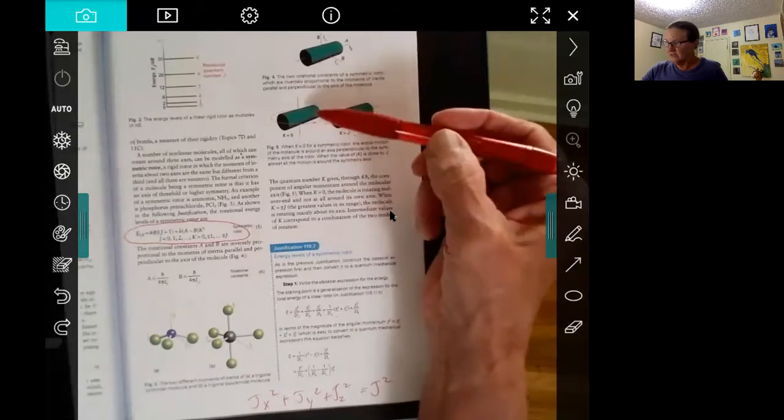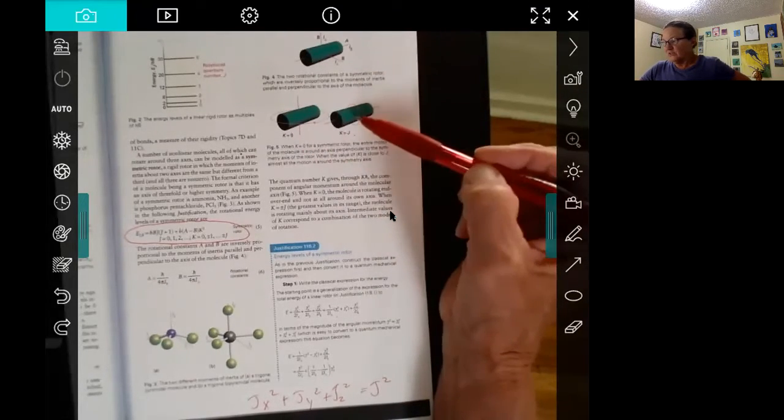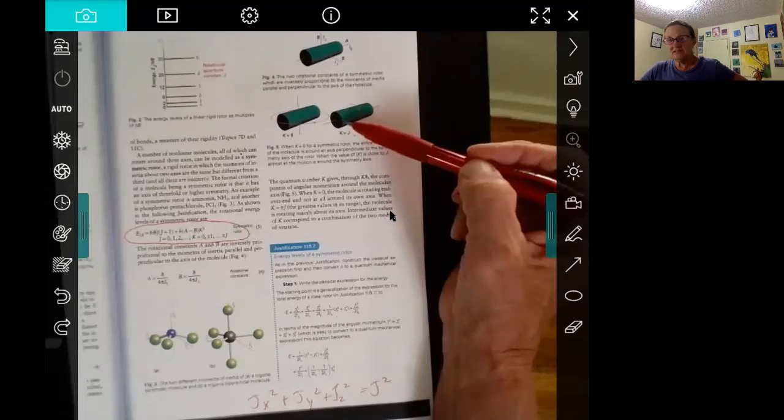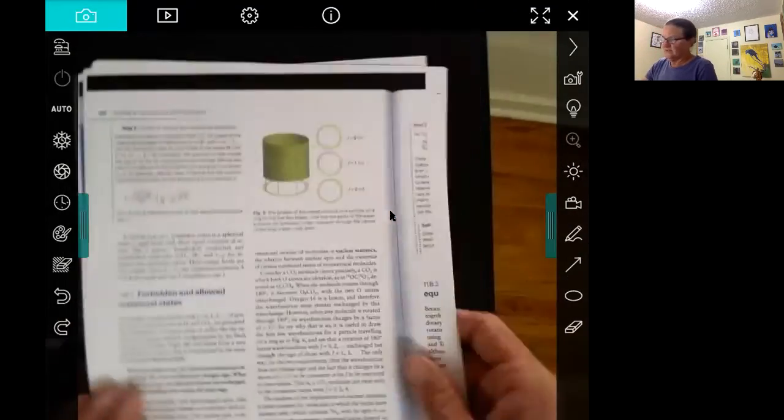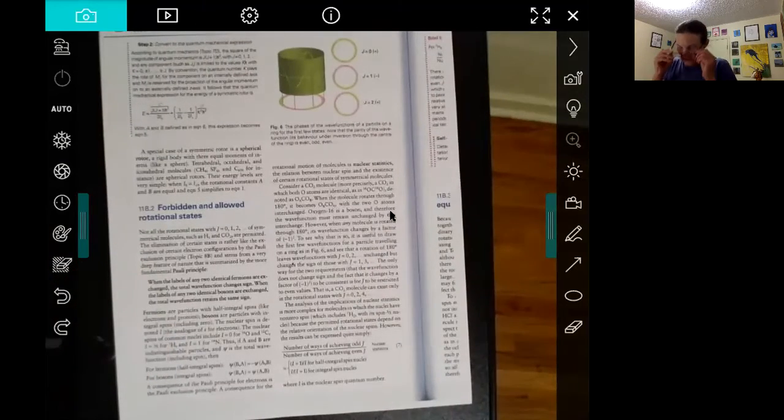So this way and then this way. And then that would mean that the rotation about that parallel axis has to be 0. So the J and the K deal with how much of the rotation is about which axis, and you have to have that distinction because they have different moments of inertia.